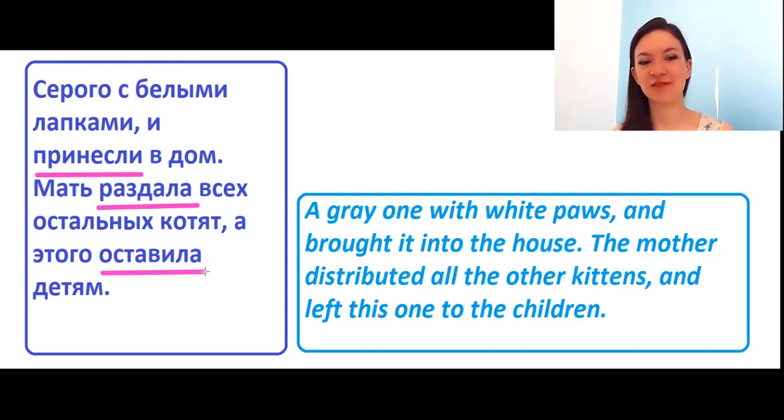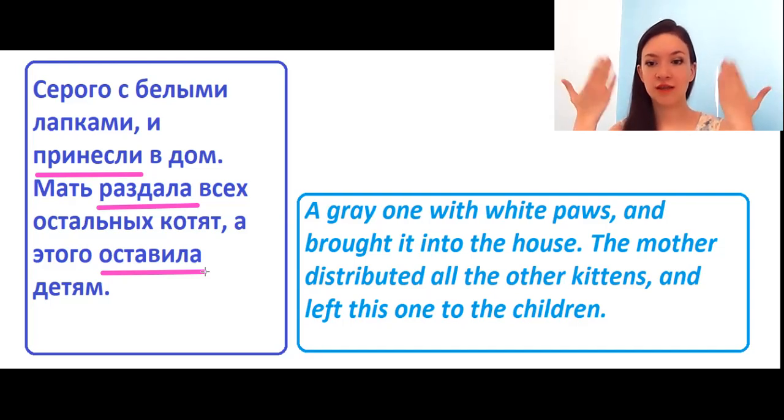I always forget this word. Action. Like first, they brought him home. Second, she distributed all the kittens. And the third, the last action, she left this lucky kitten at the house. Оставила. All of these three verbs are in perfective verb aspect.